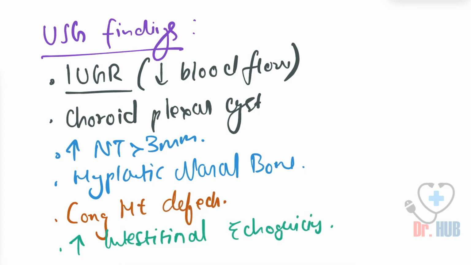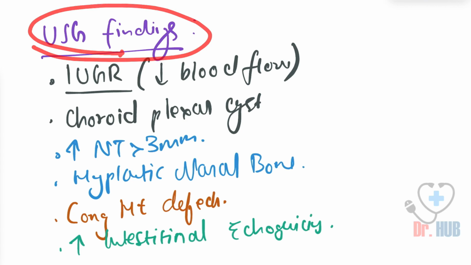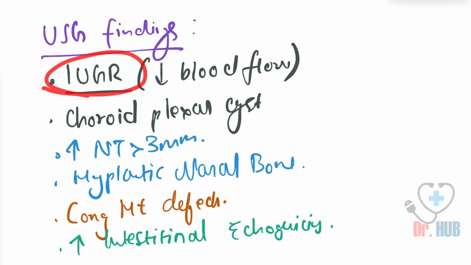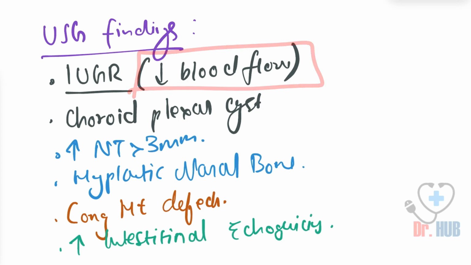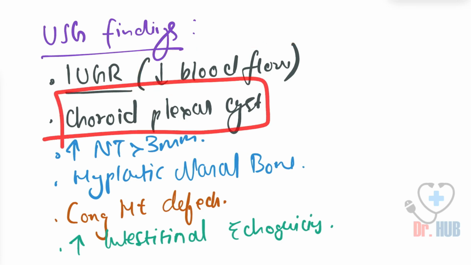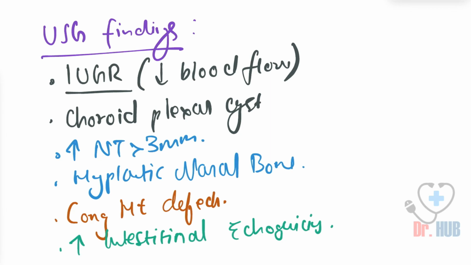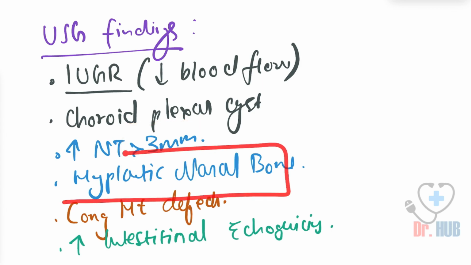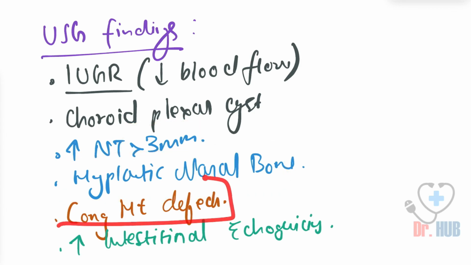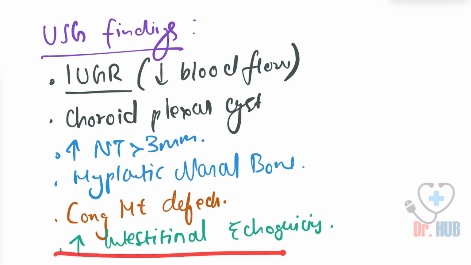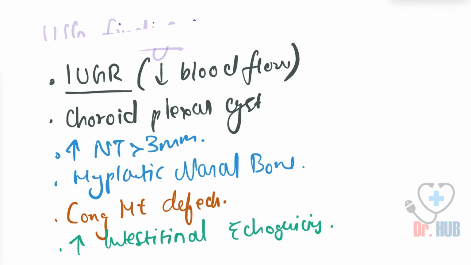Just to recap, we saw the USG findings in Down syndrome prenatal screening. Firstly, the IUGR, which is a decrease in blood flow. Then the choroid plexus cyst, increased nuchal translucency greater than 3 mm, hypoplastic nasal bones, congenital heart defects, and increased intestinal echogenicity.